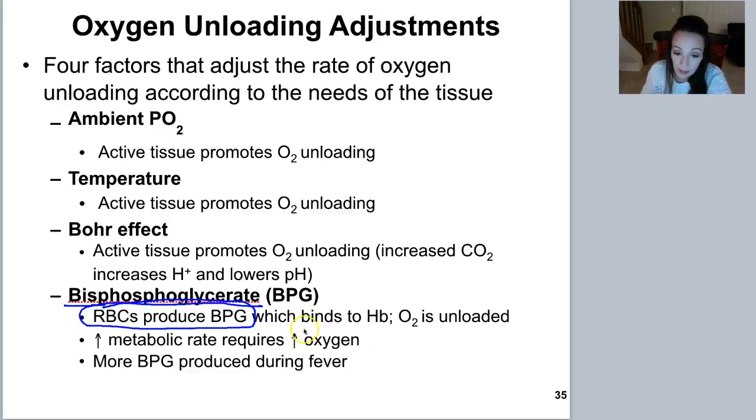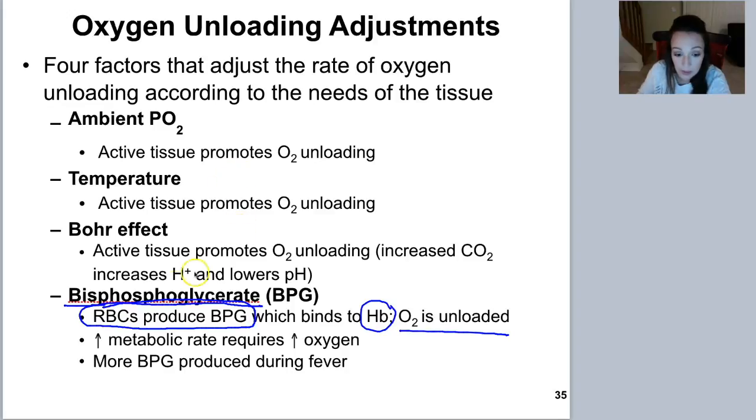And BPG can bind to hemoglobin, similar to the way carbon dioxide and hydrogen were binding to hemoglobin on that last slide. And when BPG binds to hemoglobin, just like when carbon dioxide and hydrogen do, the oxygen is unloaded more quickly. So binding of BPG to hemoglobin reduces hemoglobin's affinity for oxygen.